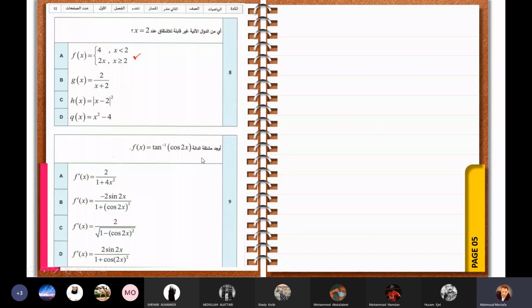Now find the derivative for inverse tan of cosine 2x.